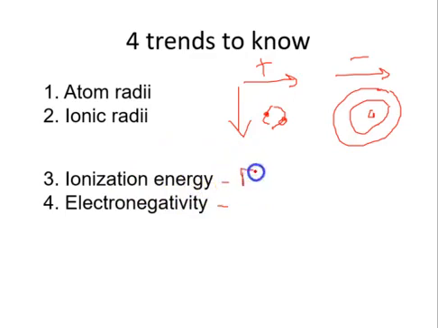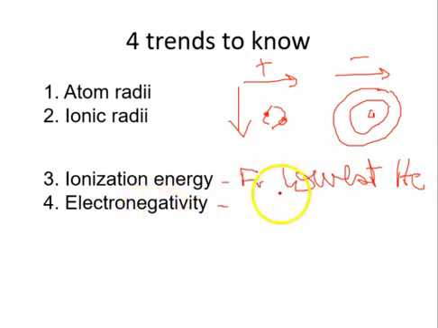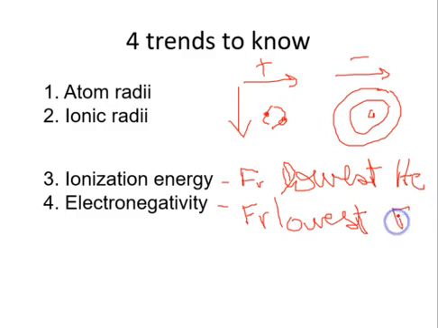Francium was our lowest for ionization energy, and helium was our highest. And for electronegativity, francium was our lowest again, so he's the lowest for both of those, but fluorine is our highest for electronegativity.